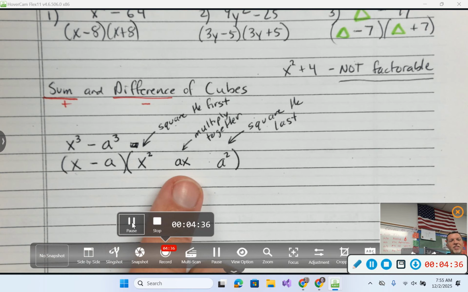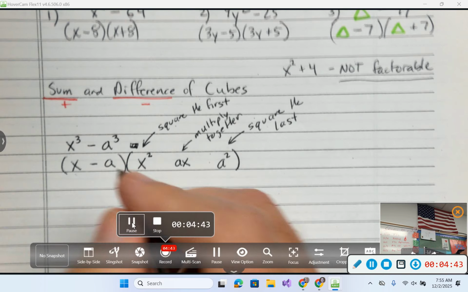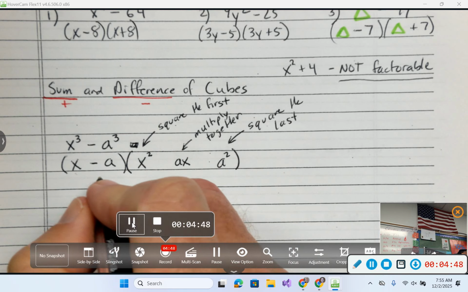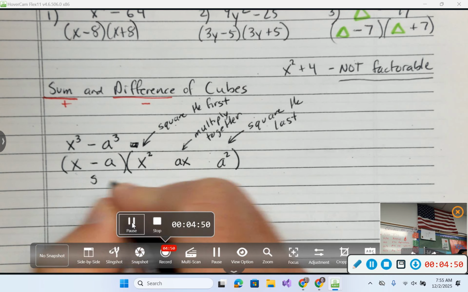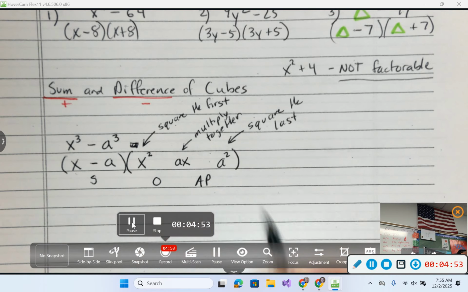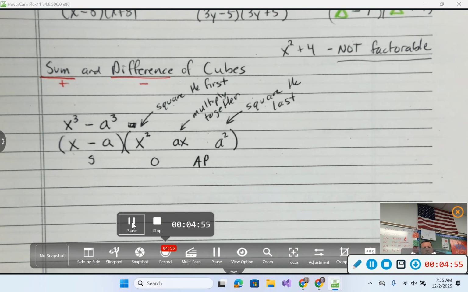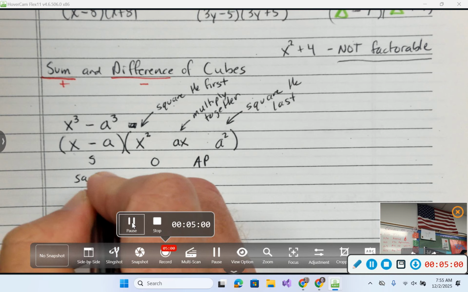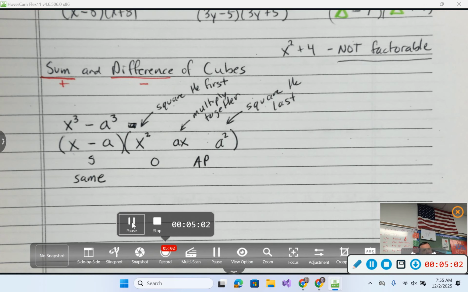Now there's still some missing stuff in there. What am I missing? The signs. There's an acronym for the signs. Students will start calling these SOAP problems. S for same. If S stands for same, you want to guess what O stands for?